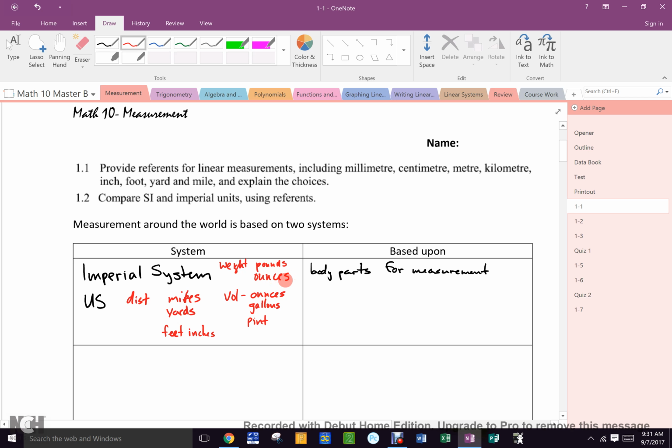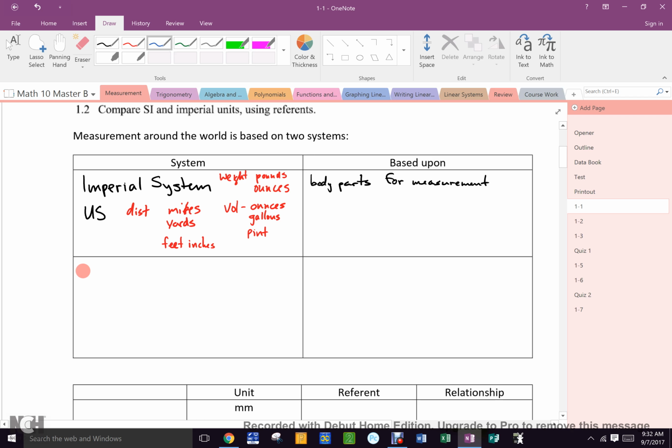What's the other form? I will give gummy bears to anybody who can name the other system properly. No gummy bears for you. We call it the metric system. That's its nickname. Ten gummy bears if you can come up with the proper name for the other term.